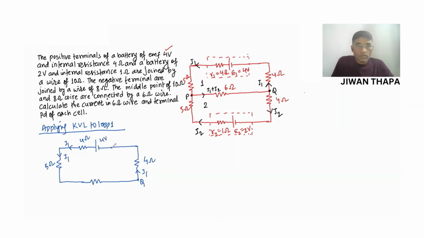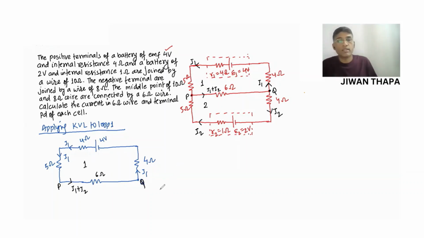I'm writing in this way. And current in this part PQ is I1 plus I2, and this is resistance 6 ohm, and this is loop 1.